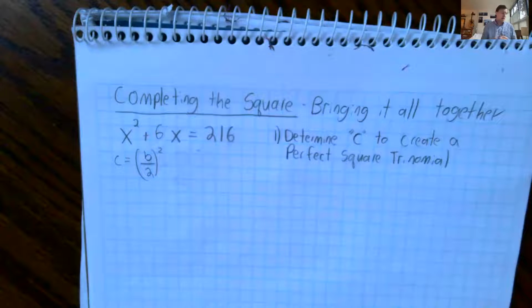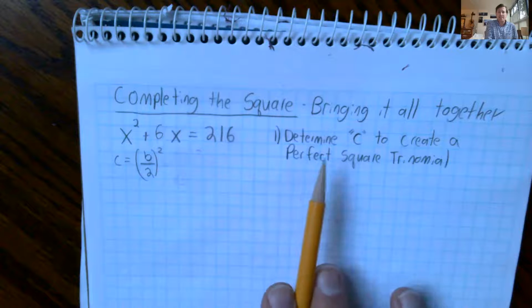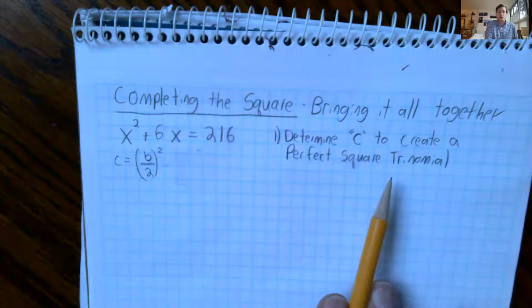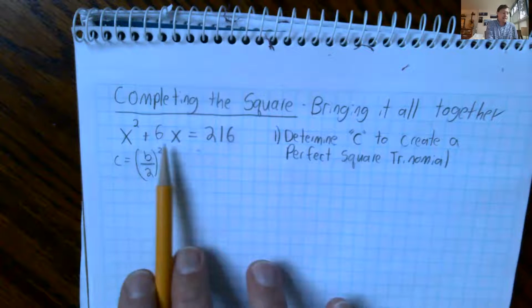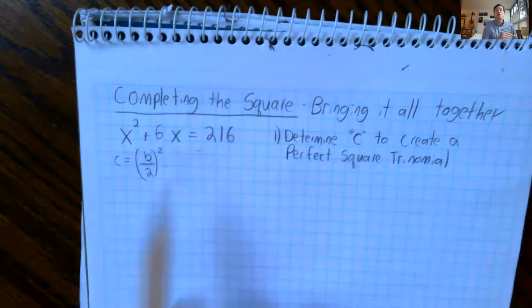So the first step is we need to determine C to create a perfect square trinomial. We're trying to get this into a perfect square trinomial so that we can condense it down into some parentheses that are squared so that we can quickly and efficiently solve for x.